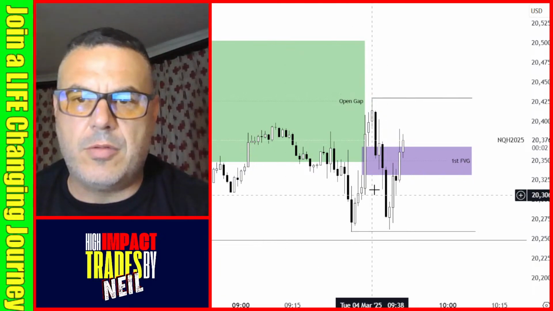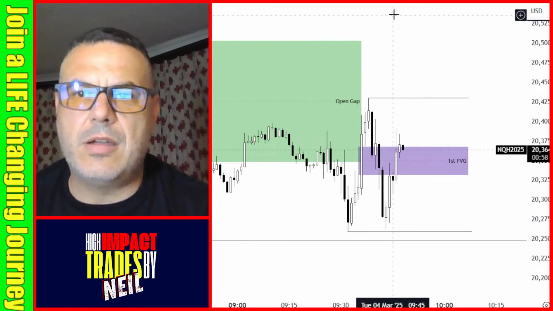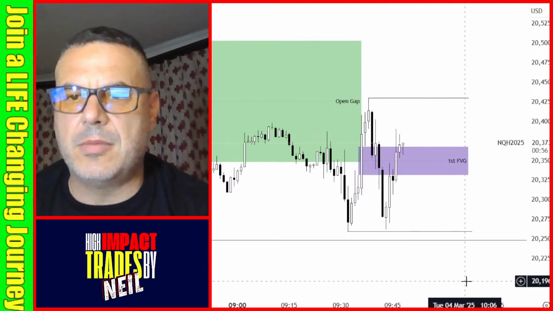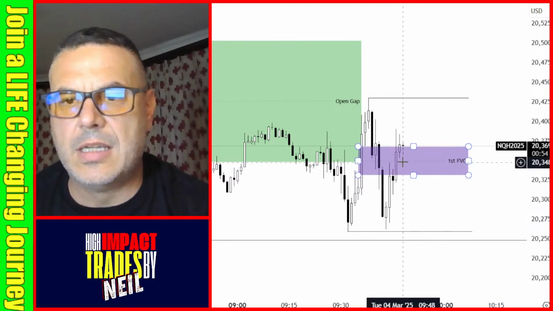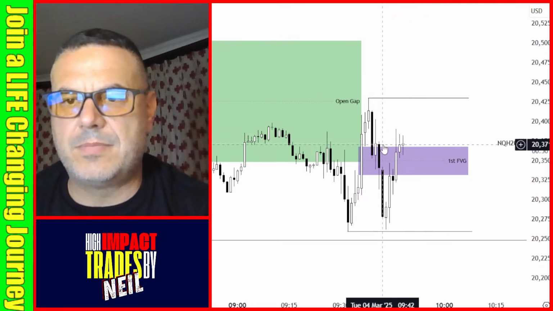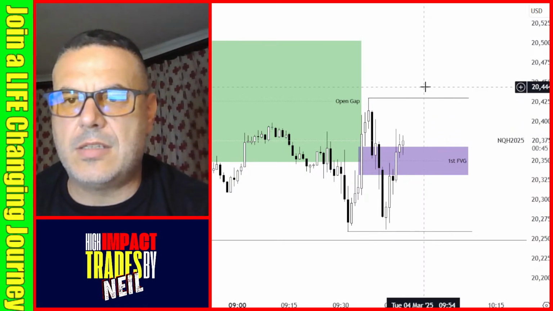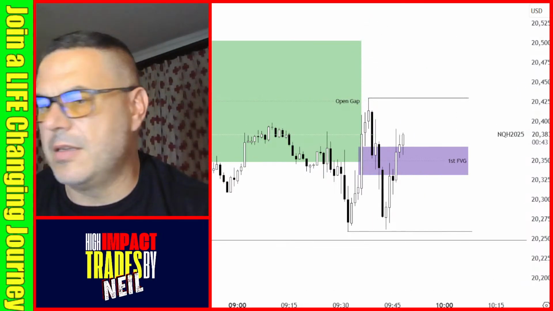We go down to liquidity, we just missed it, and then we reverse completely, run the opposite, and only come back hours later to run these liquidity down here. See that little candle already closed outside, so I'm happy that I just collapsed the trade, because this might consolidate here to go up here again.